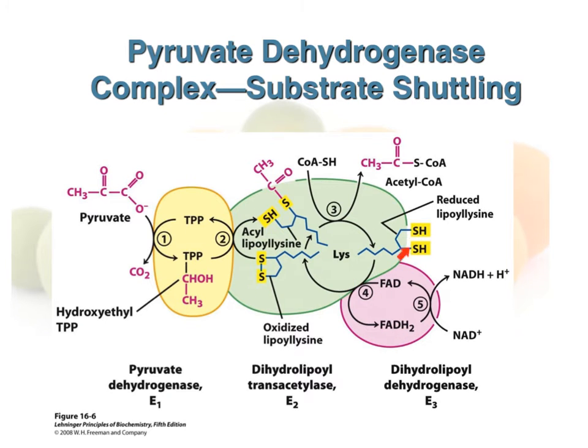So it takes the electrons from the SH in order to make the FADH2. So now we're back to the lipoic acid being in the oxidized form. But the FADH2 needs to be regenerated to FAD. And that's where the NADH comes in. And the NAD plus becomes NADH to regenerate the FAD for it to repeat the entire process.